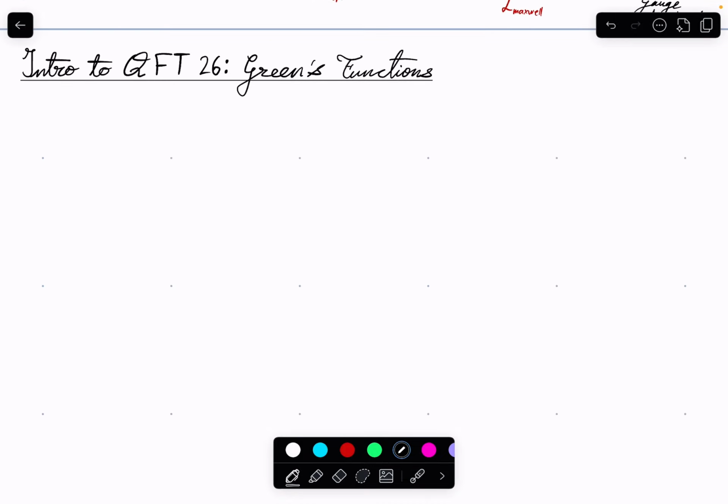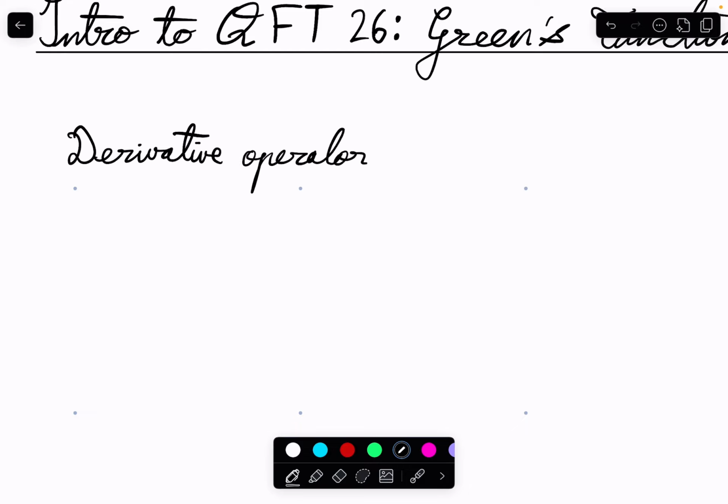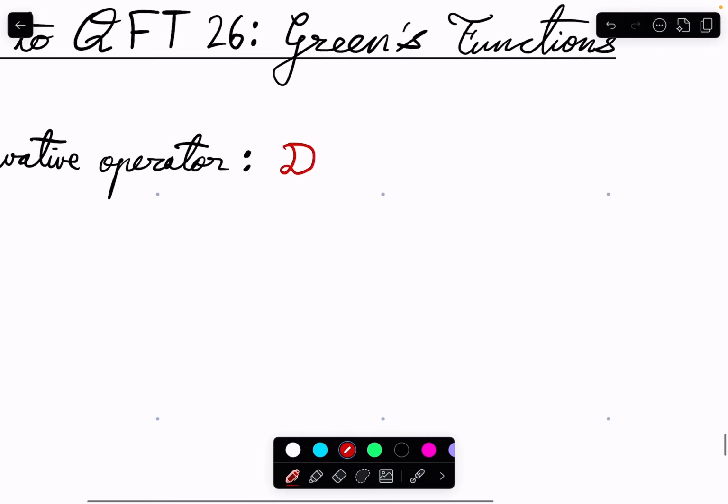So in field theory, let's say we have some derivative operator, partial d.